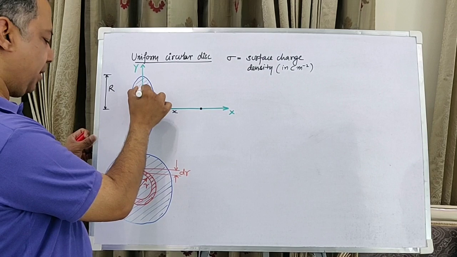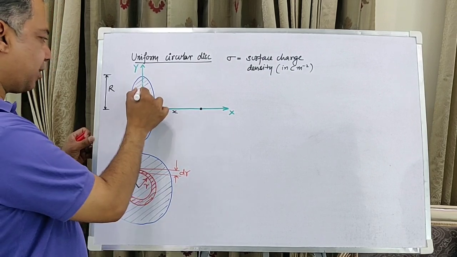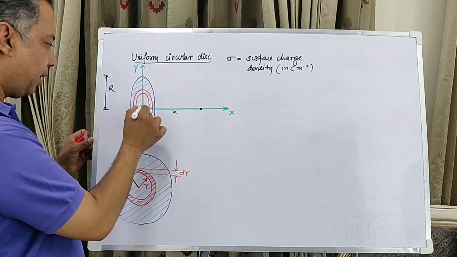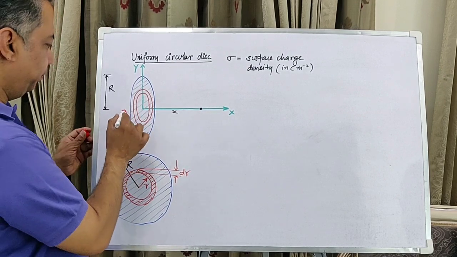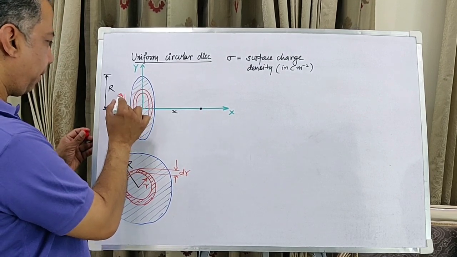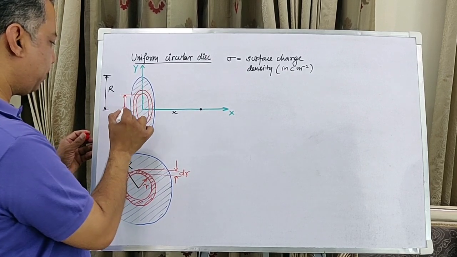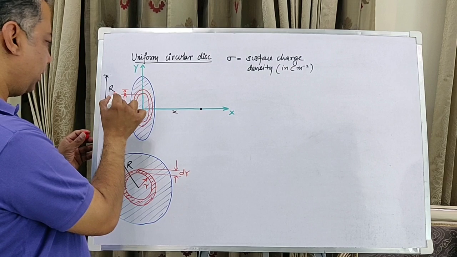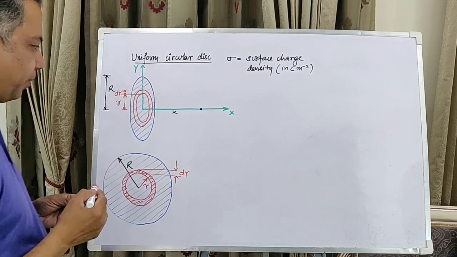It has a radius small r and a thickness equal to dr.